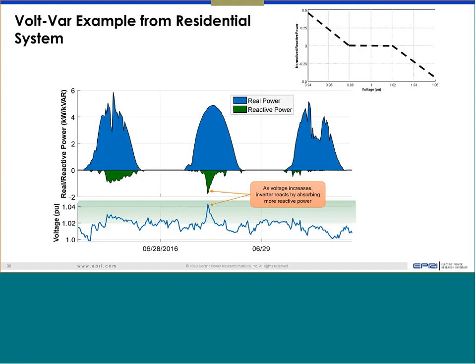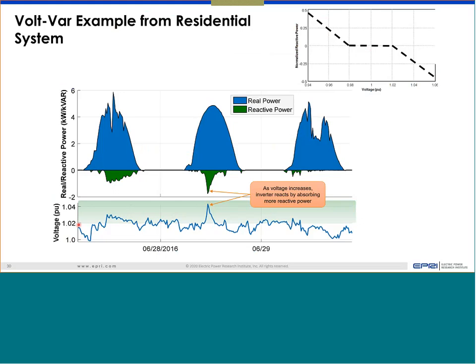This is an example from a residential setup, with a lot of residential houses with smart inverters. You are seeing three consecutive days. This is the VOLVAR configuration. You can see the deadband was 0.98 to 1.02, and then the slope goes even beyond that. The point I'm highlighting is in the bottom figure, where the y-axis is the voltage.